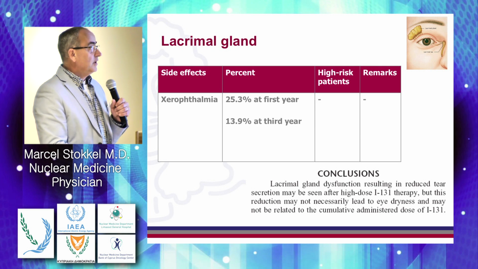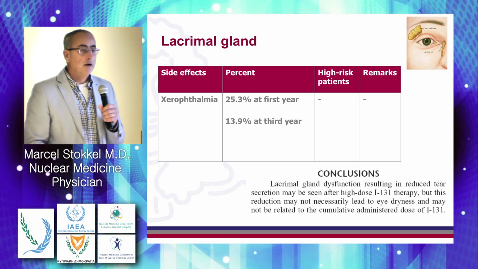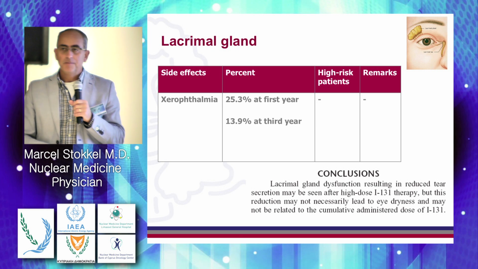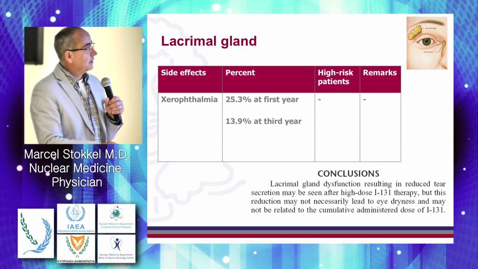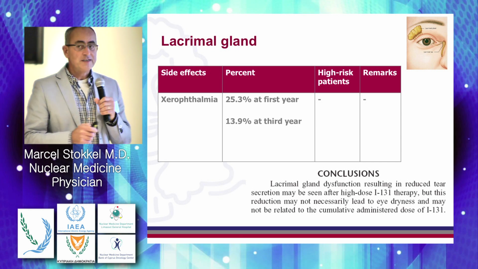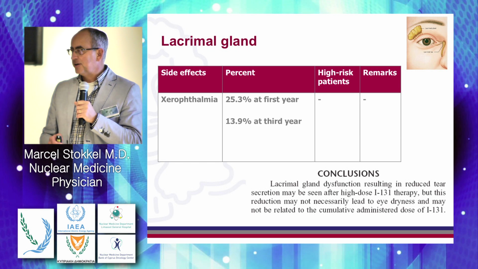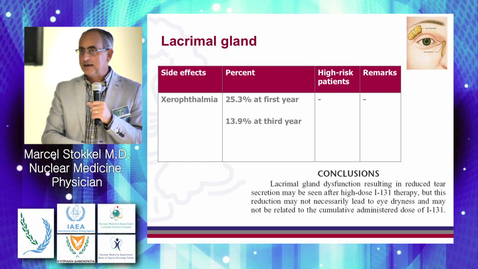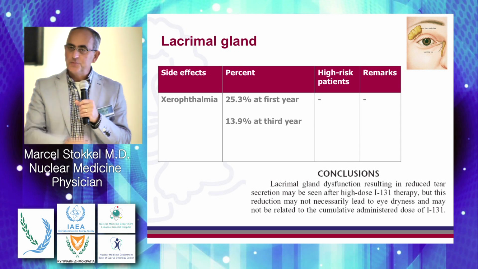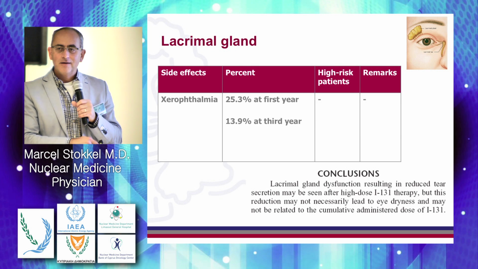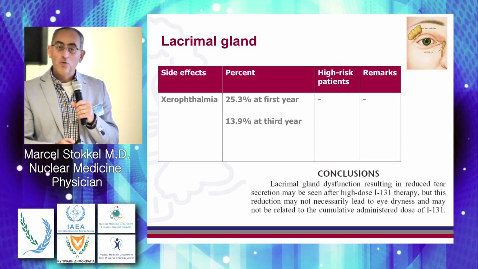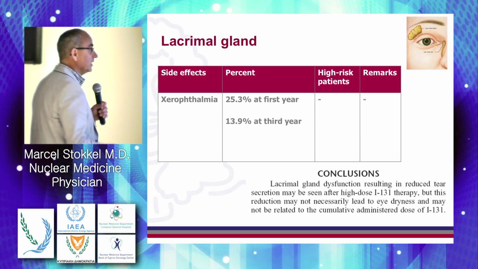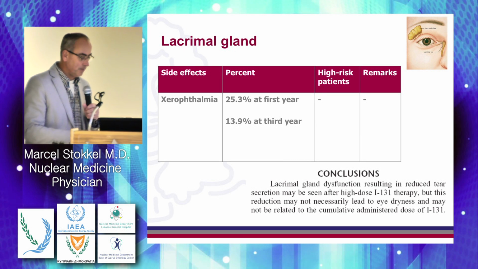But even after 3 years, about 40% of the patients may have xerophthalmia. The question, however, is what is the severity of this in clinical practice? And is it a subjective aspect, or is it really an objective aspect? I will show you later how it develops over time.